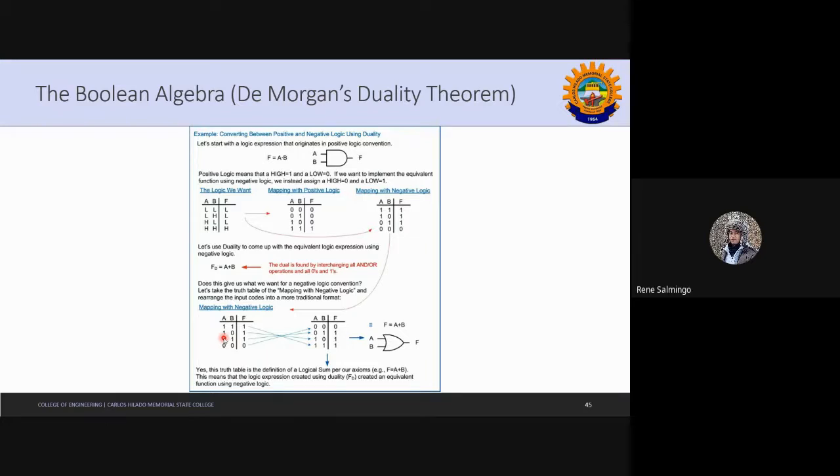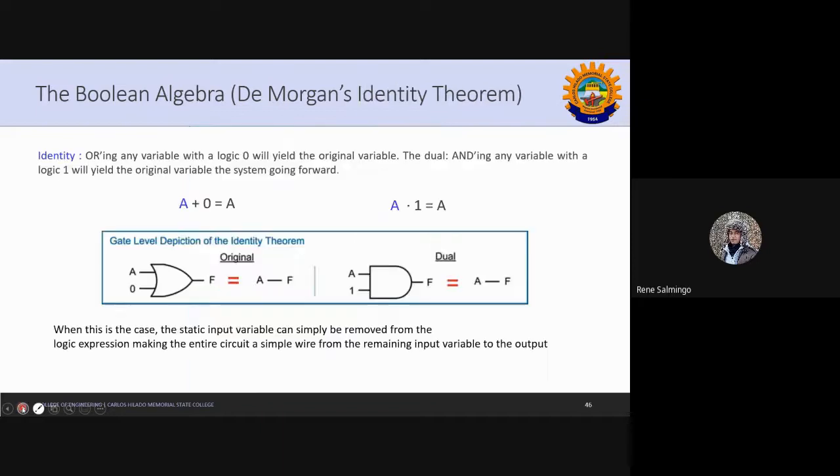So the truth table is the definition of the logical sum per axioms. This means that our first function is output equals your input A or B, and this function is output equals A and B. So you generated the duality theorem by using the following logic gates.